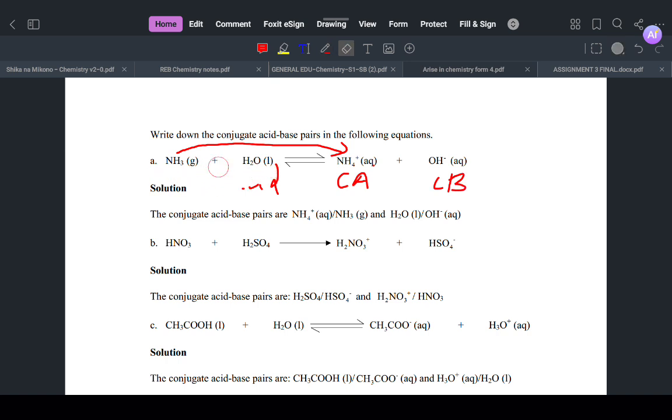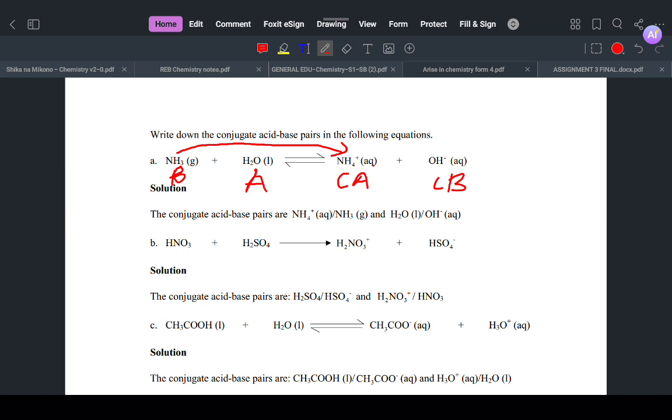So take note, ammonia gains a hydrogen, that means it's a base. Therefore, the water is behaving like an acid.